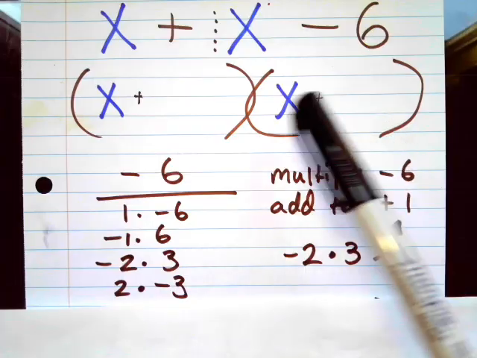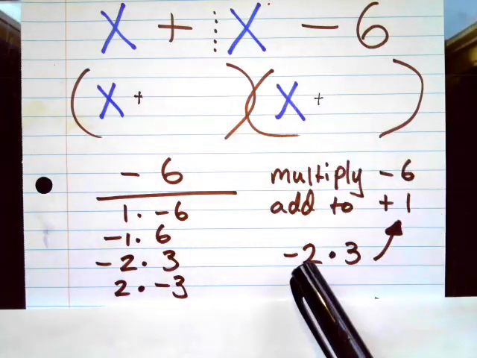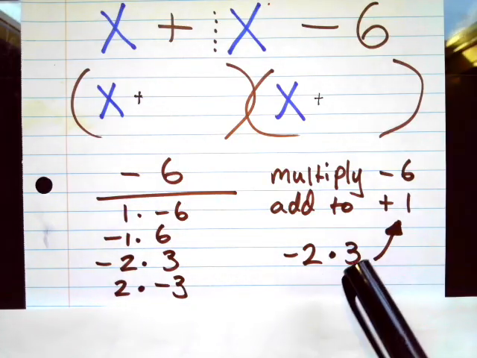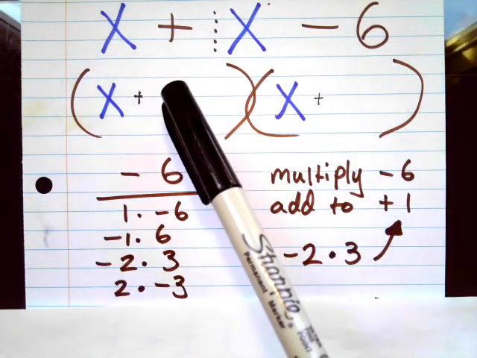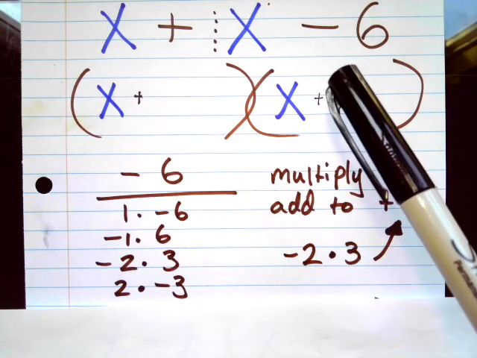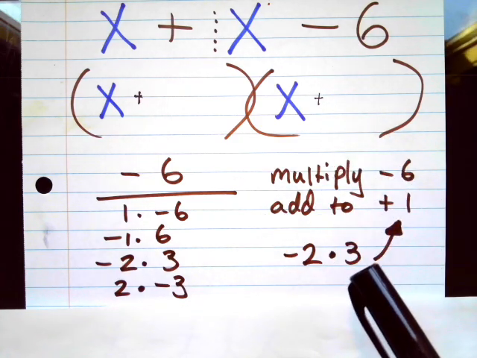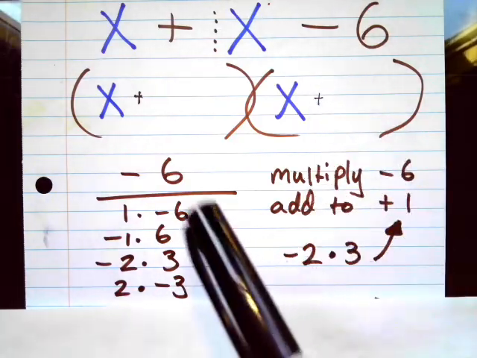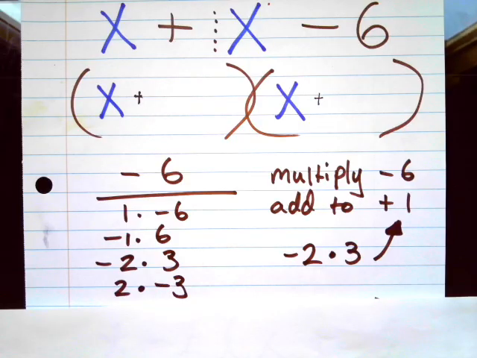So the terms I'm going to place inside my parentheses are going to be x minus 2, or I could put x plus a negative 2 here, and an x plus a positive 3 here. Wherever the 3 goes, the negative 2 has to go in that other set of parentheses.